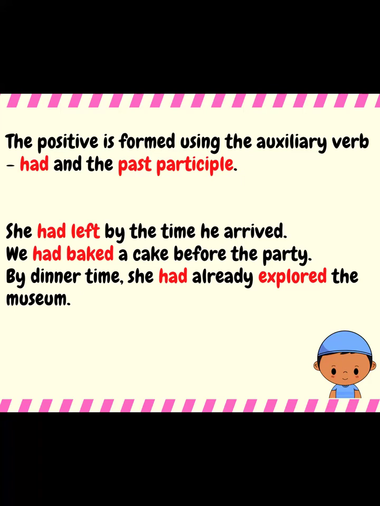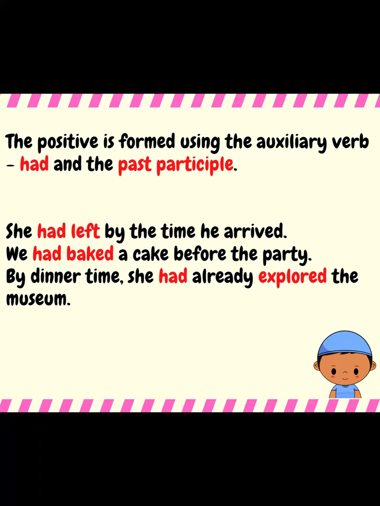And within our past perfect, you will often find words such as before and already to show which event is happening first. So we had baked a cake. So had baked is the past perfect bit of the sentence, before the party. So the cake had been baked before the party happened.